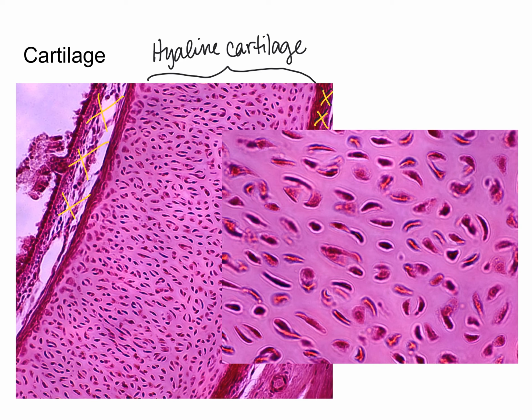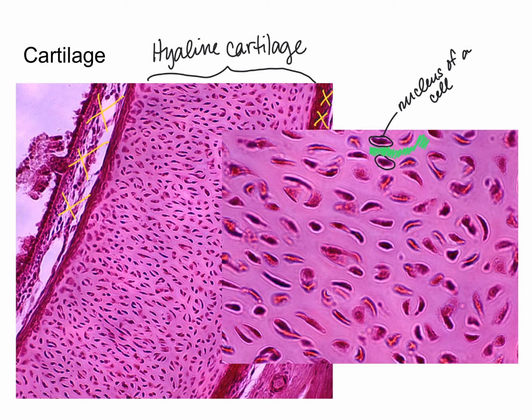And if we zoom in to take a closer look at the hyaline cartilage here, what we're seeing are, once again, cells. This dark spot here is the nucleus of a cell. And then all of this pink area out here, in between the cells, is the extracellular matrix.